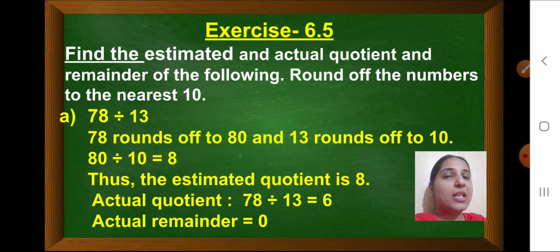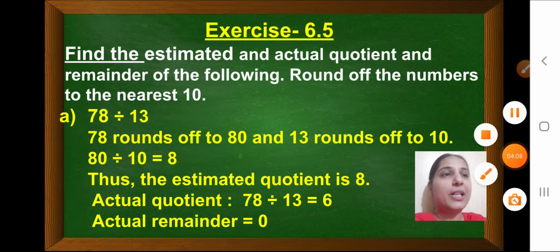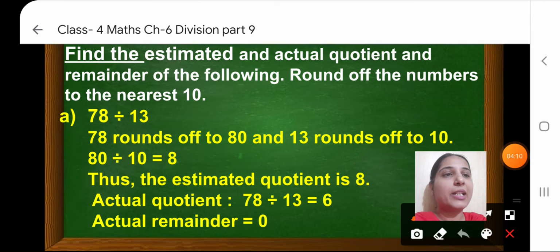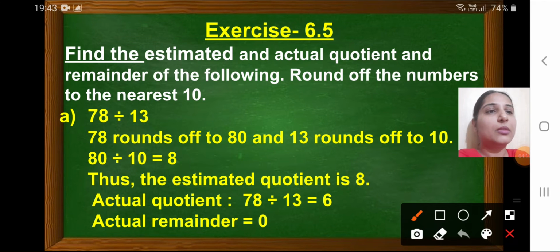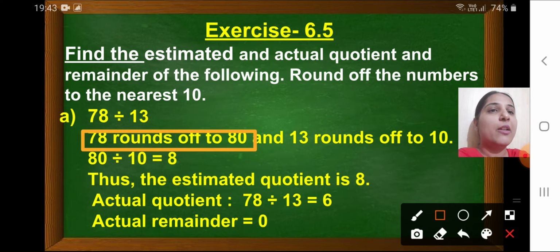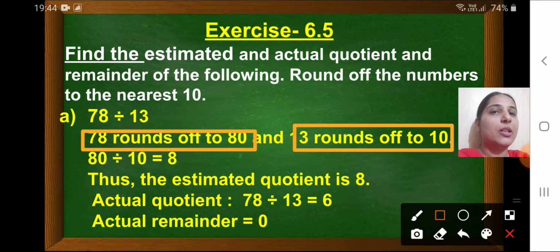Now 78 is the dividend, whereas 13 is the divisor. 78 rounded off to the nearest 10 gives 80, whereas 13 rounded off to the nearest 10 gives 10. Now we will divide the rounded off dividend and divisor.